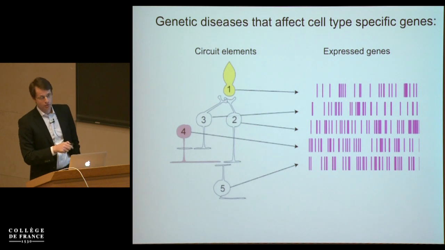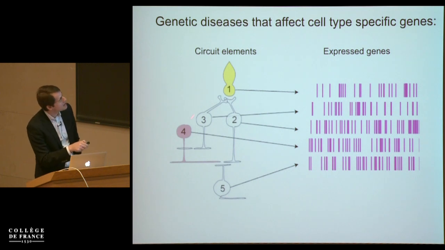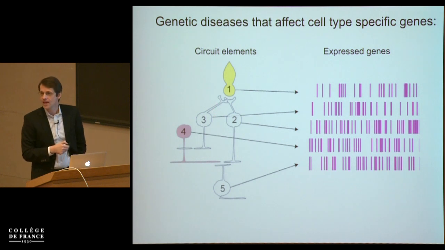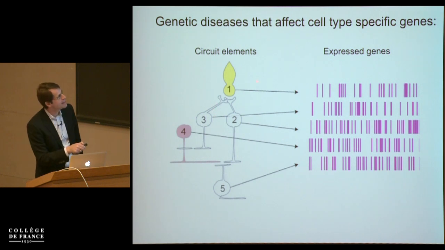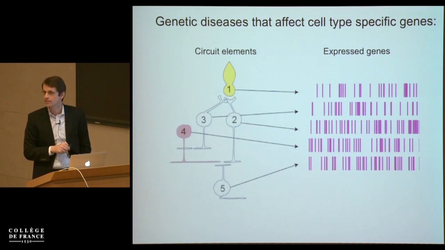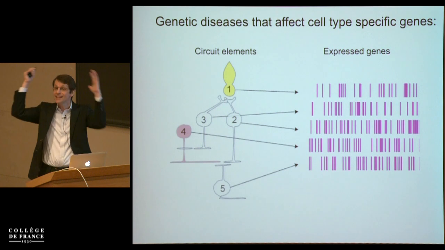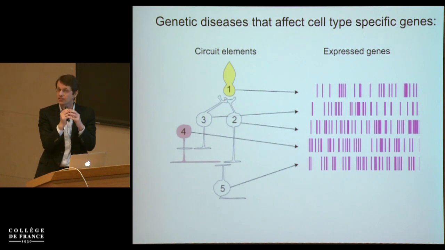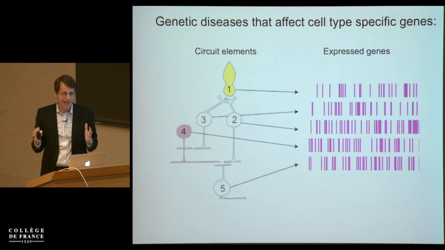So the argument is the following: you have these different neuronal elements that do computation, and I showed you that we know that they have different gene expression patterns. That means that some of the genes they express are unique, perhaps not unique in the brain, but unique within the retina or in a brain region. And what we know about human genetics is that we are constantly bombarded by mutations.